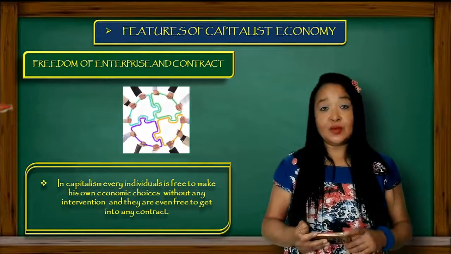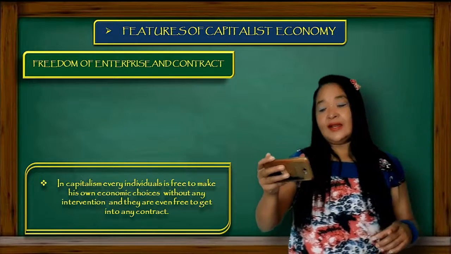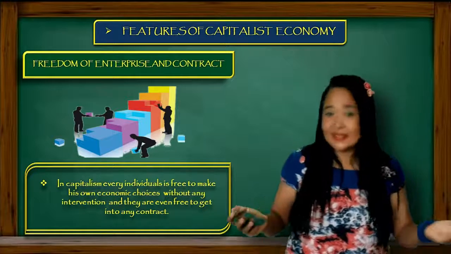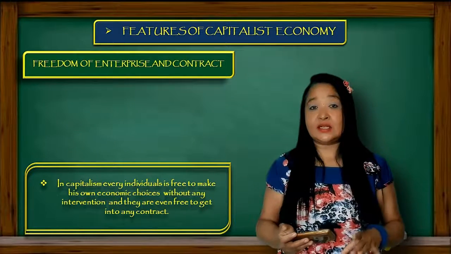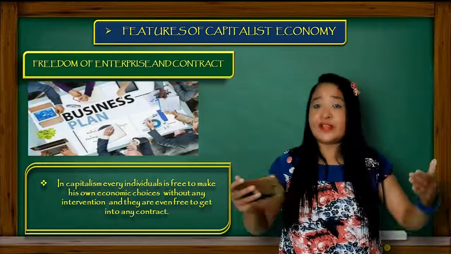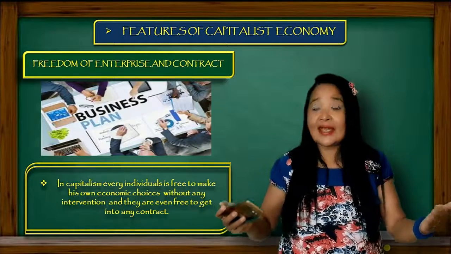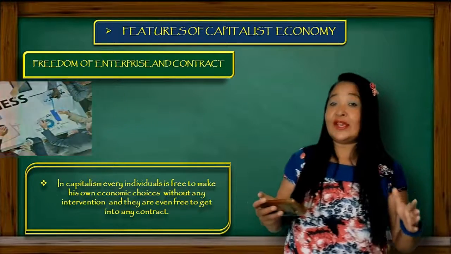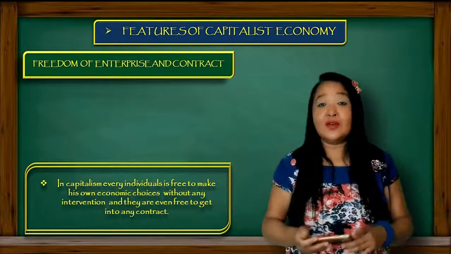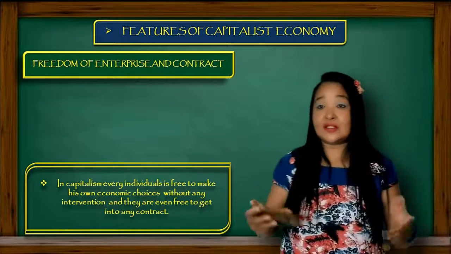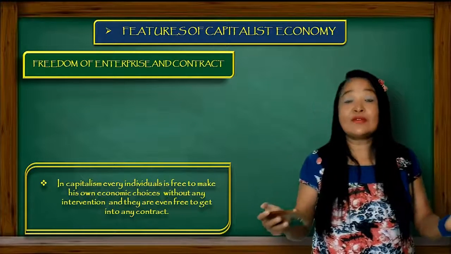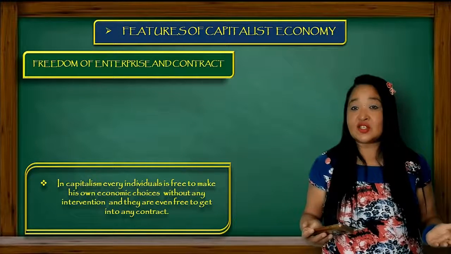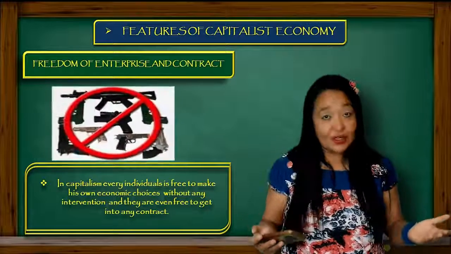They also have freedom of enterprise, meaning they can start any business they like according to their choices, but there is some limit to it. The limitation is that they cannot produce certain goods which are a threat to a nation, and those are exclusively left for the government. For example, you cannot manufacture things like arms and ammunition.